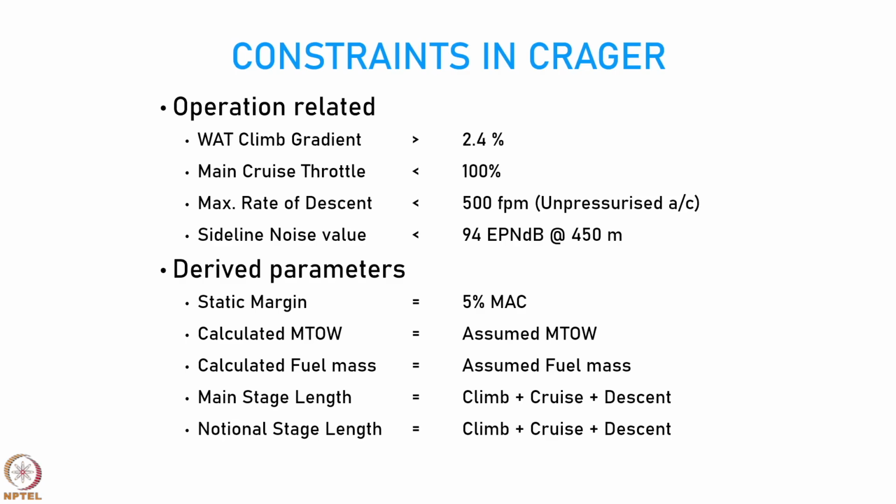So, therefore, we give a constraint saying that the main stage length should be equal to the distance covered in climb, cruise and descent, because the main stage length is a parameter that you specify as a requirement. And similarly, for the notional stage, which is, as I mentioned, taking care of the multiple stage lengths. So, this is how we avoid the iterations in the design cycle.